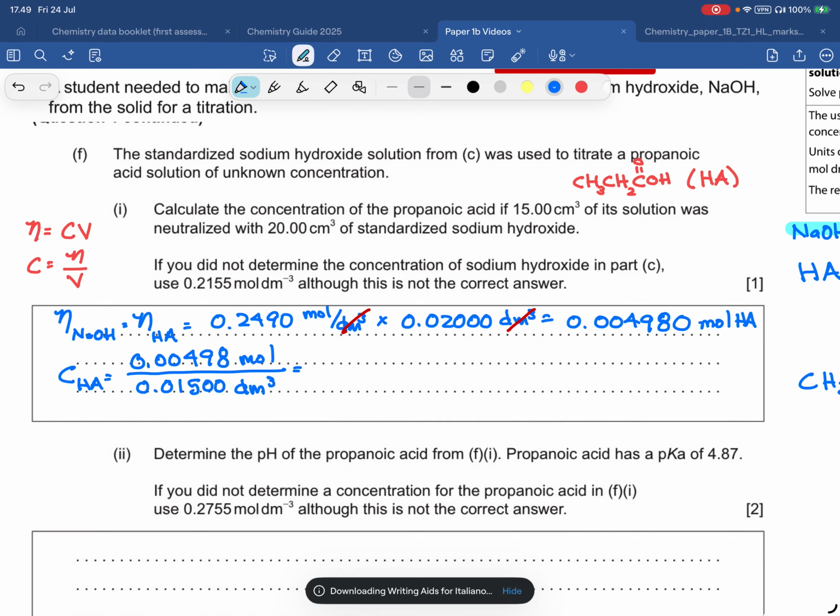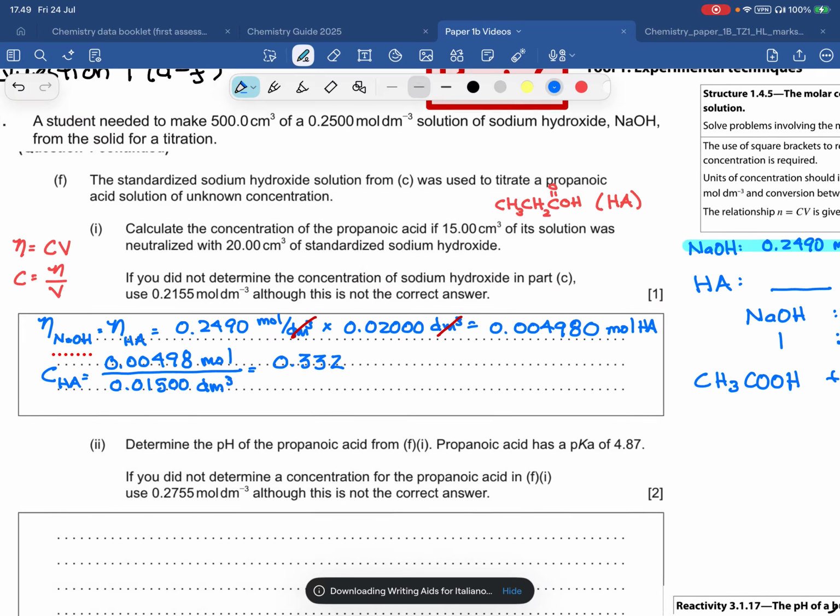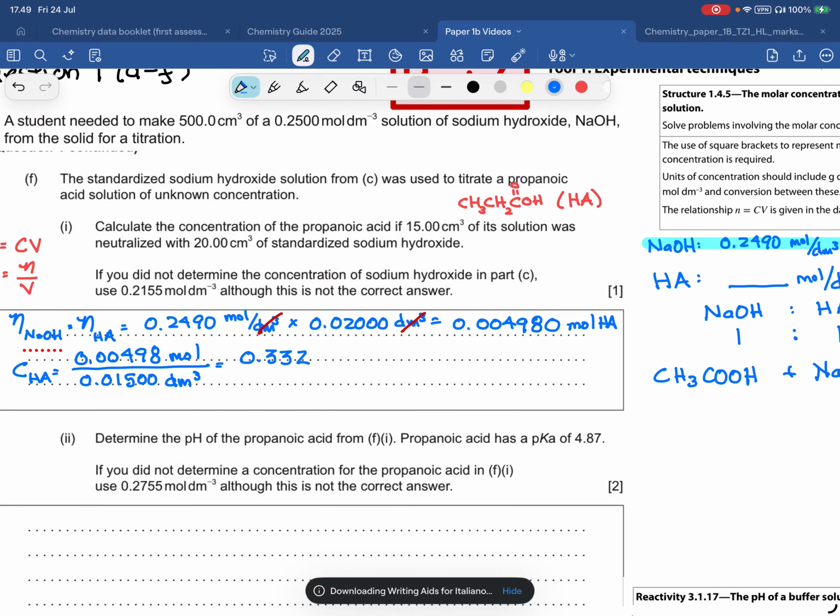So then we're going to do the math on that, and we're going to get 0.332, but every single thing in this whole problem is 4 significant figures. And so I'm going to put the significant figure right there, which is a 0.